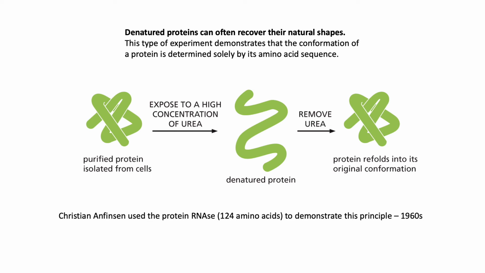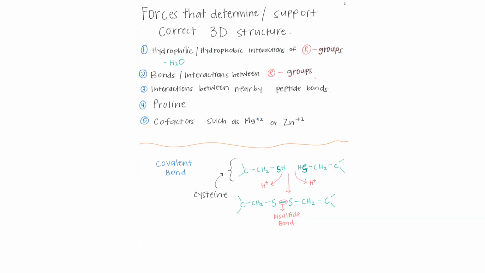So let's take a look at some of the forces that are required to determine correct protein structure. We know that if we take a long stretch of amino acids and throw it into water, it will spontaneously fold up into the correct structure. So what are some of the forces that determine that?